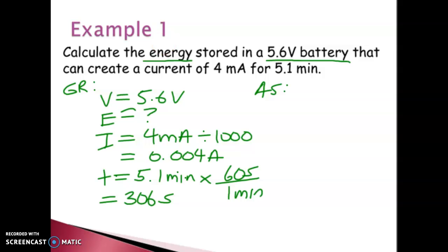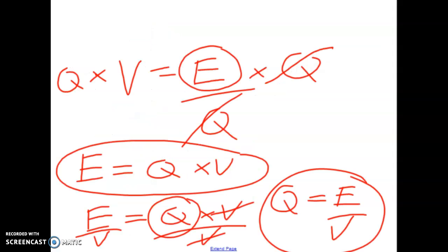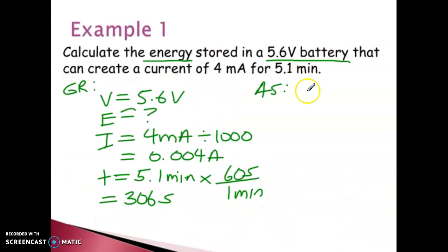So here are the formulas that we currently know. Let's go back to the original formulas. We know E is equal to Q times V. That's the formula that has E in it, so let's write that down. We have V, no problem. V is given, but they do not give us information about charge.